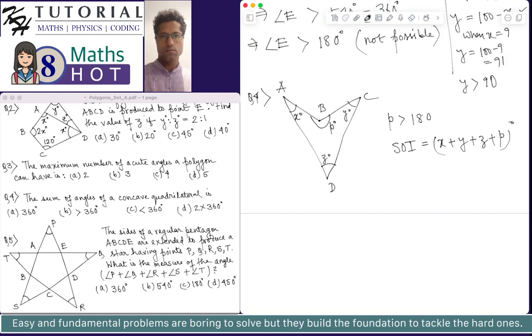Let's say, if I join the vertices B and D, and so we have two triangles.